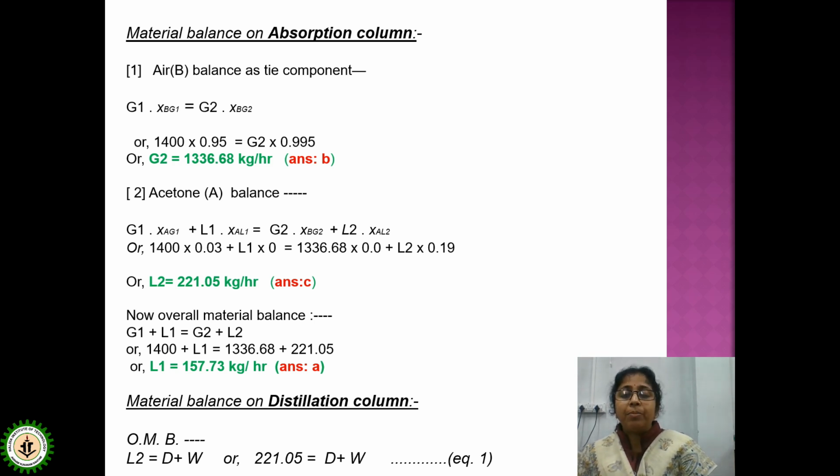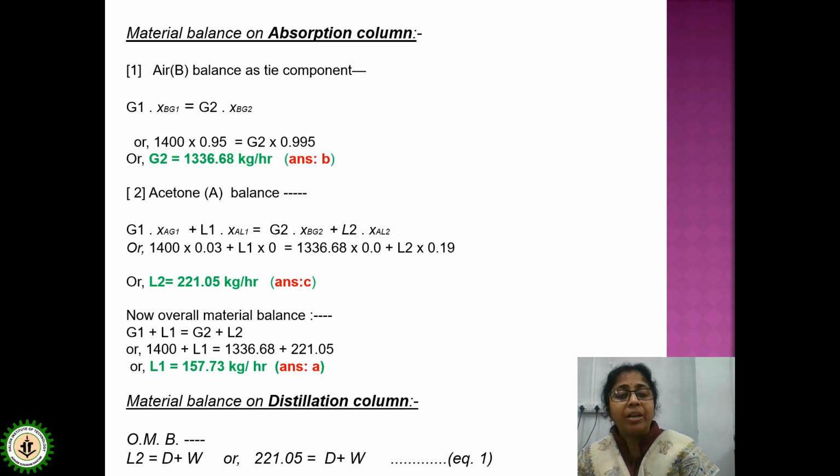This is the overall material balance on the absorption column. So we can put in all the known parameter values: G1 is given in the problem, and G2 and L2 were calculated in the previous steps. L1 can be calculated this way, and it comes out as 157.73 kg per hour.